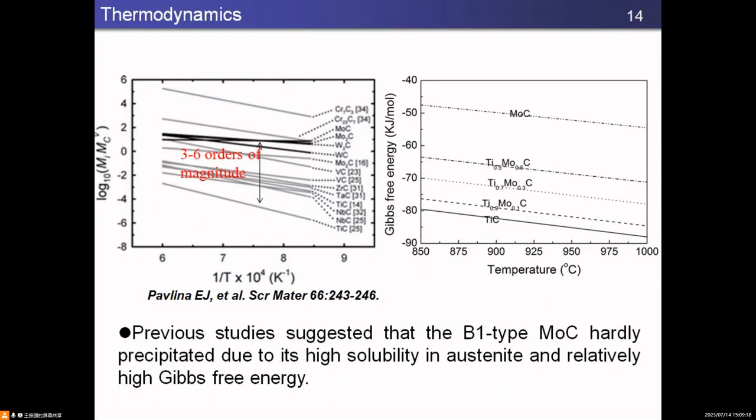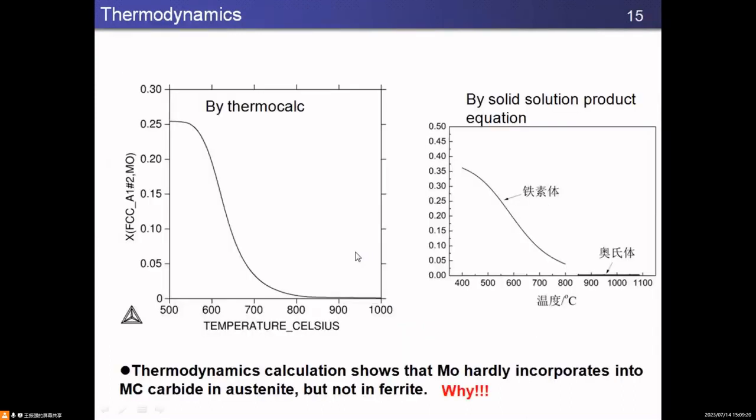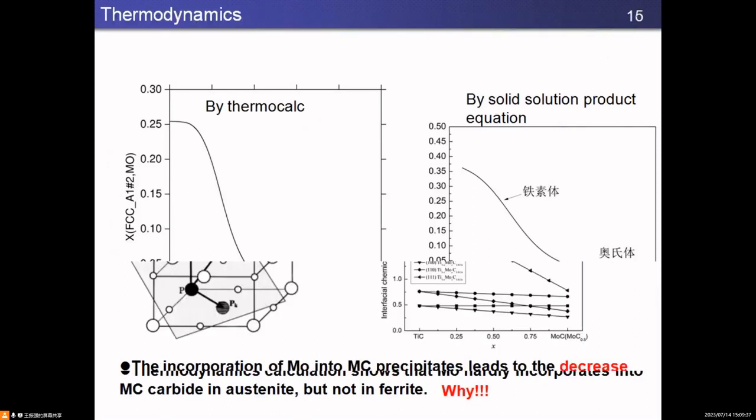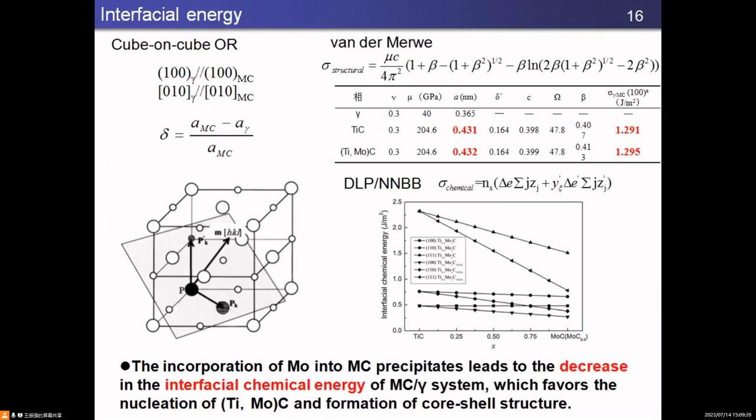Simulation also confirmed the result. It also confirmed that Mo hardly incorporates into MC carbide in austenite, but in ferrite, Mo can incorporate into the lattice. So we have to check the barrier of precipitation, the interfacial energy.